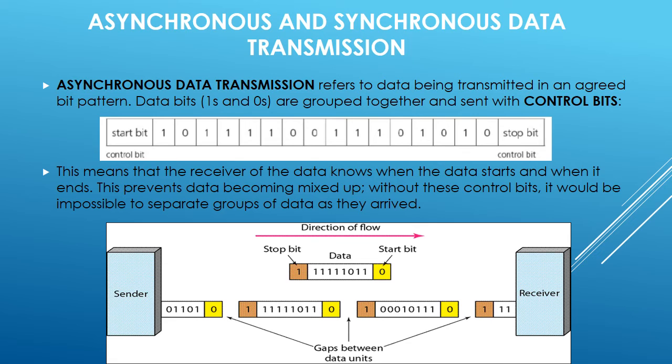So here, the sender and the receiver, and the transmission of data is being done in the form of bytes. There is a gap between data units just to distinguish that multiple data bytes are transmitted with the help of start and stop control bits.